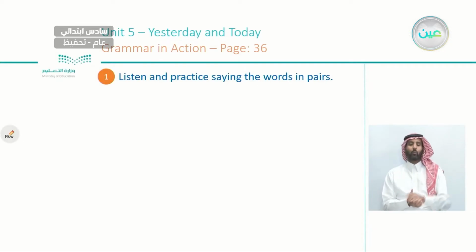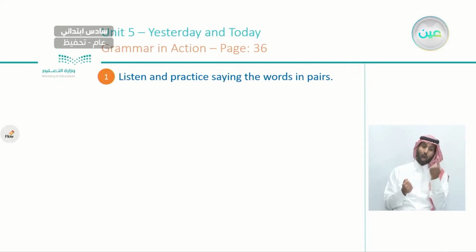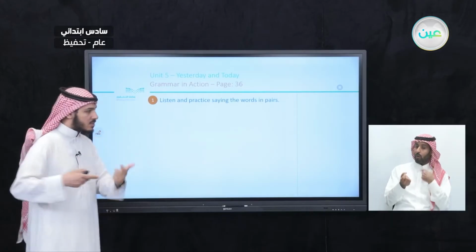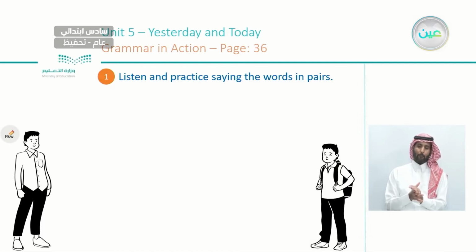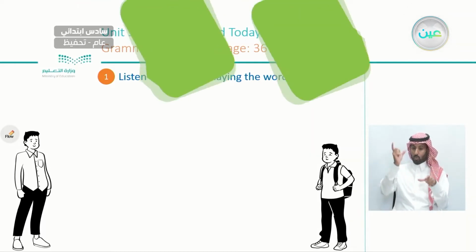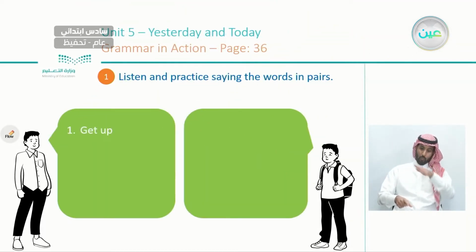Okay, number 1, listen and practice saying the words in pairs. Now we have 2 boys here. The first boy says what? Get up. Get up means what? يستيقظ.